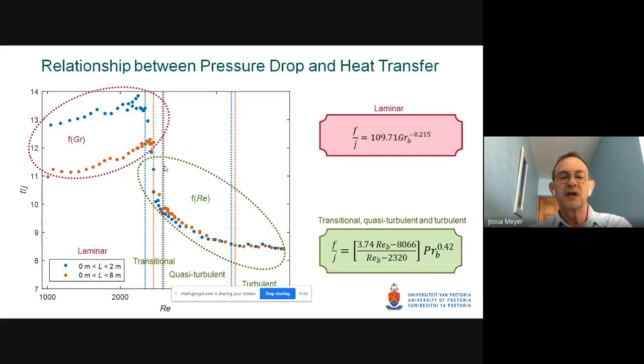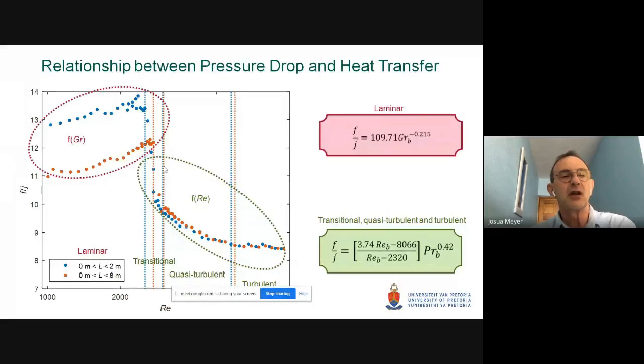We have also found that there's an excellent relationship between the pressure drop and heat transfer, which can be determined with these correlations, and that the relationship, like the Colburn analogy, is not only valid for one flow regime, but it is actually valid for all flow regimes.